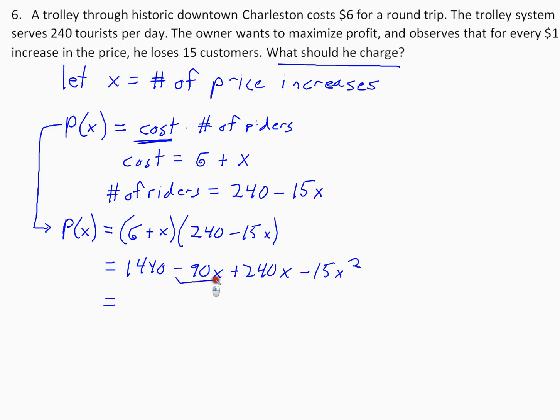We will combine like terms and at the same time put it in descending order. So we're going to put this term first, negative 15x squared. Negative 90 plus 240 is a positive 150x plus 1440.